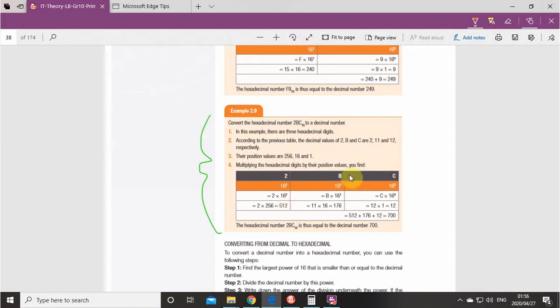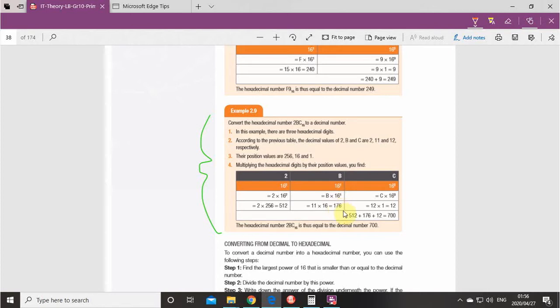Then you add B, which, if we remember from above, is 11. So 11 times 16 to the power of 1, which is 16, equates to 176.